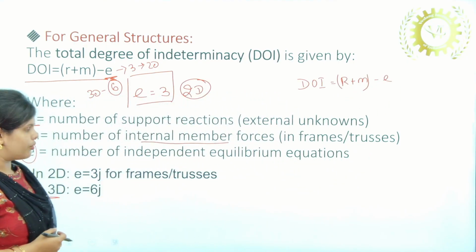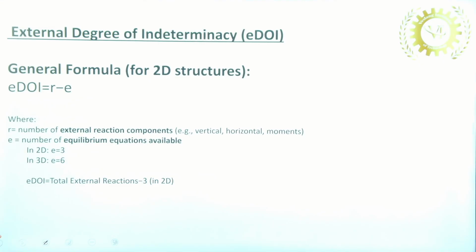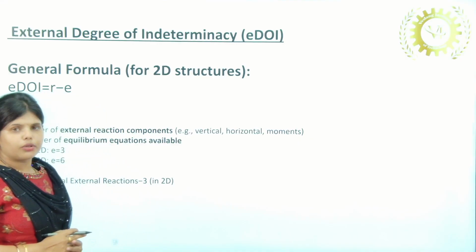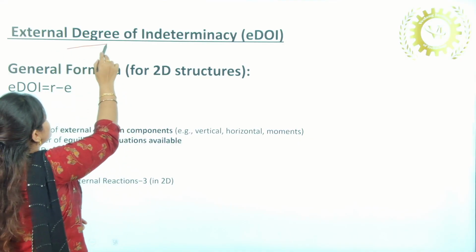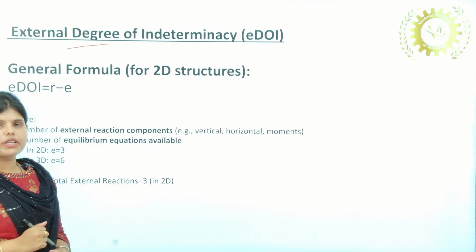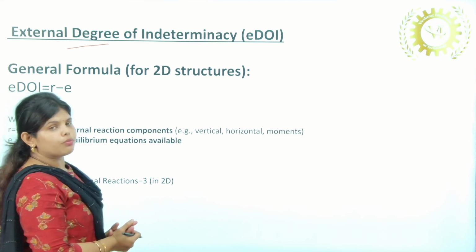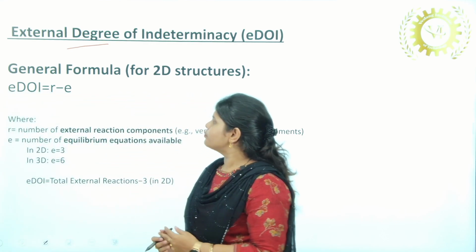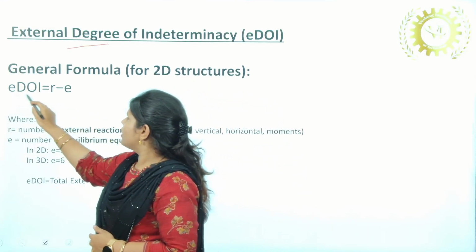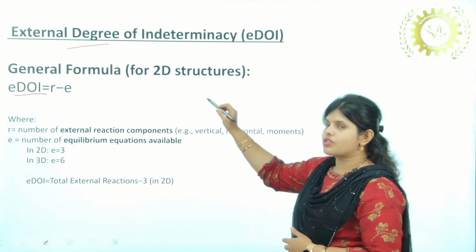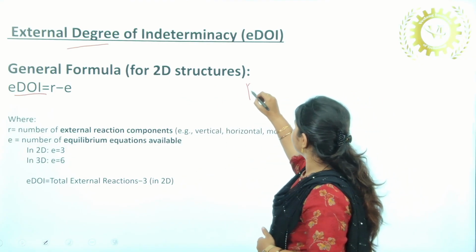Next we will go for the second formula, that is the external degree of indeterminacy. We have already discussed that external degree of indeterminacy is where there are external reaction forces. So here EDOI will depend on the reactions.